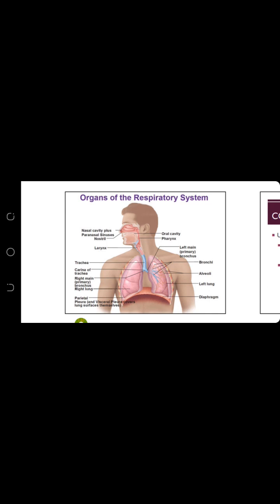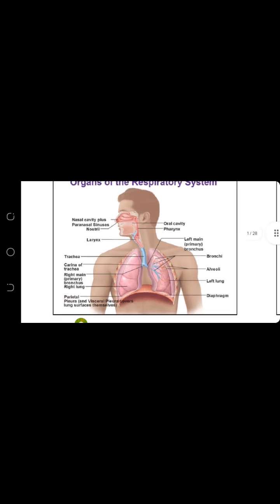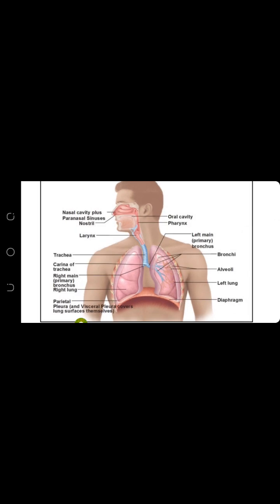Then when you look at these two lungs, you need to notice that the right lung, anatomically, has three lobes. The upper lobe is what we call the superior lobe, the second lobe is the middle lobe, and the last one is the inferior lobe.